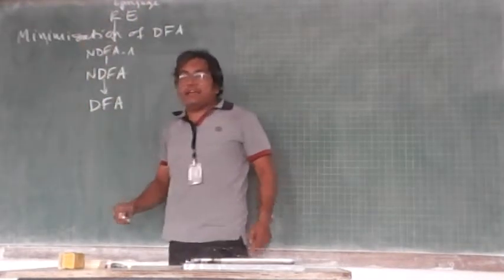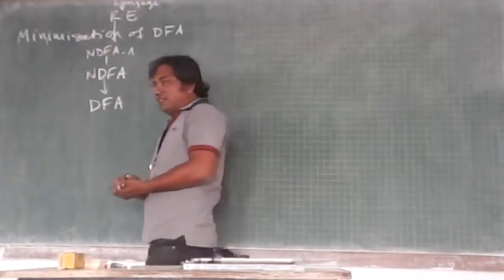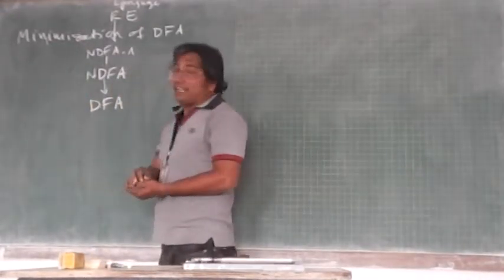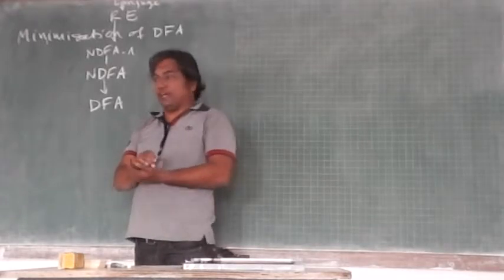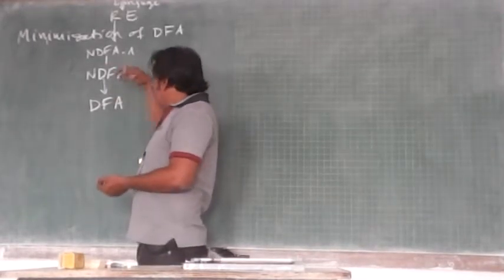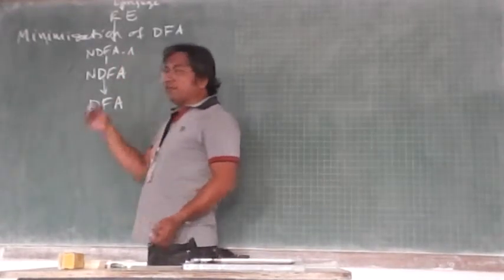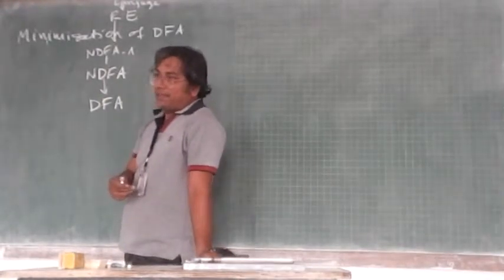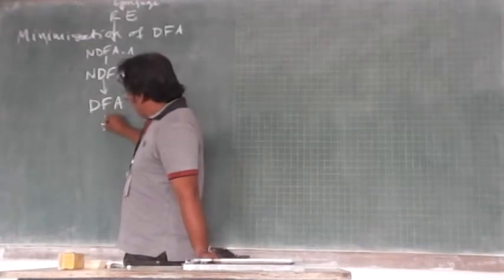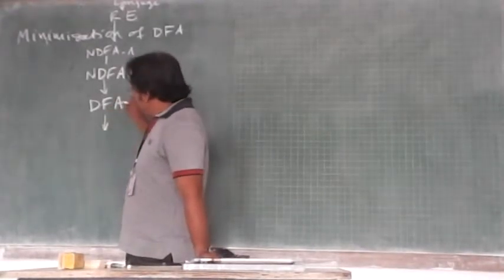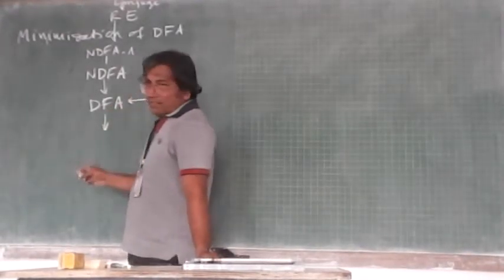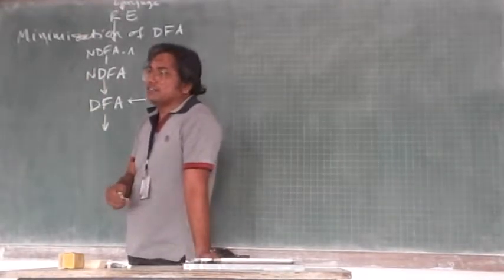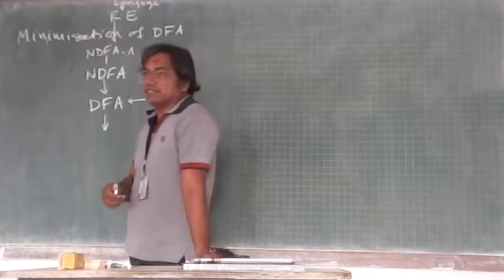For a particular language we get a regular expression, and from the regular expression we apply Kleene's theorem and get the NDFA with null moves, and that NDFA with null moves we convert into NDFA. And that NDFA again we convert into DFA, and in a DFA we will get some additional or unwanted number of states. The states have to be minimized.